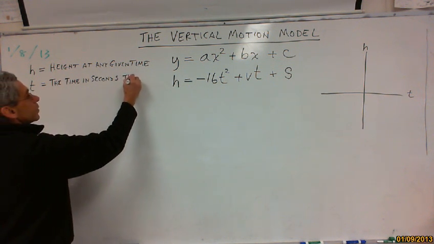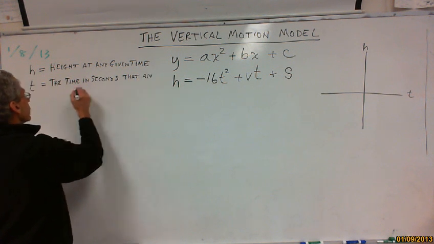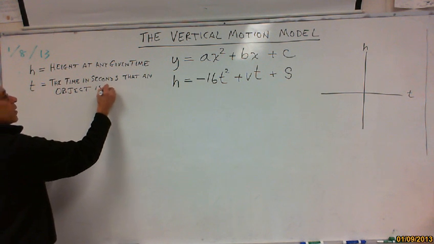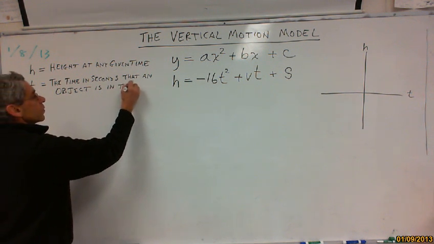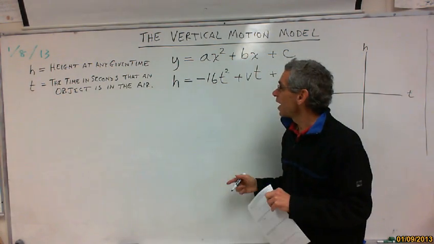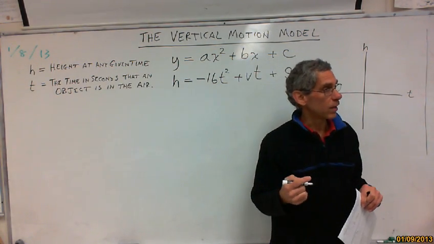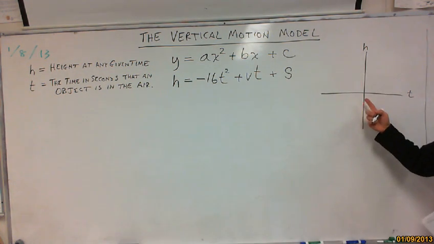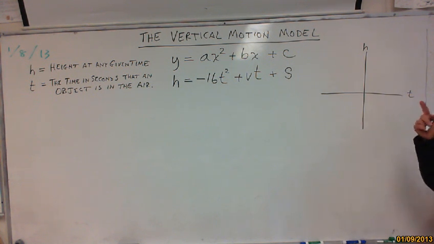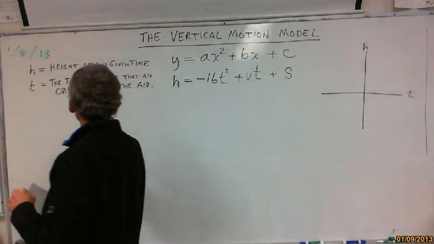T is the time in seconds that an object is in the air. You'll find that with graphing, oftentimes when you're dealing with time, the time is going to be the x-axis. So if time's part of the phenomenon, it's always going to be on the x-axis.